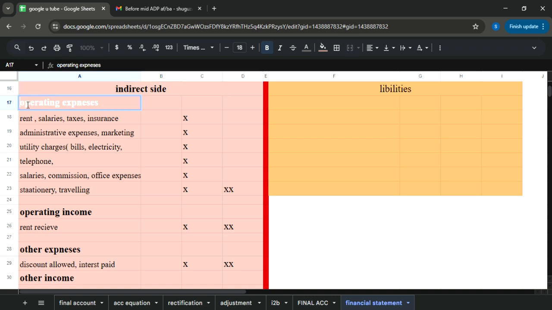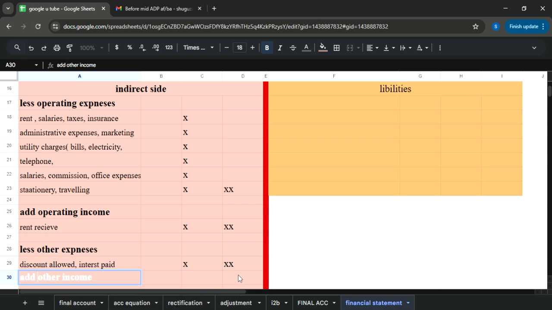Now please be attentive. You will subtract. This less is very important. All expenses would be subtracted. All incomes would be added. So here you will put add. As I've told you, either it's other expense or it's operating expense, you will subtract, and if it is operating income or other income, you will add.